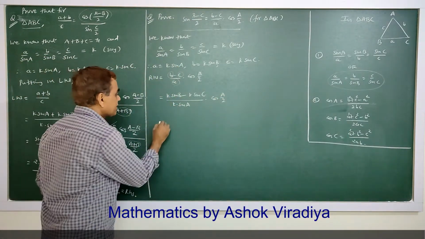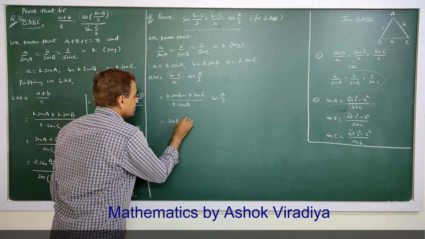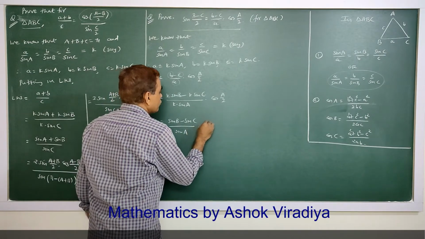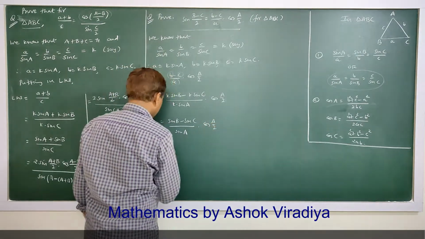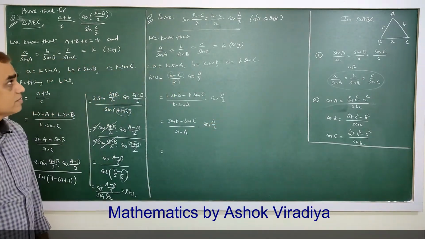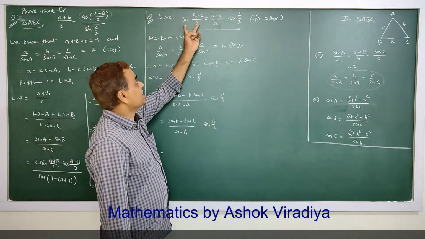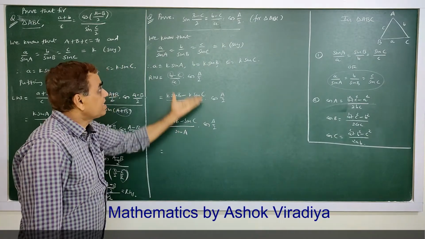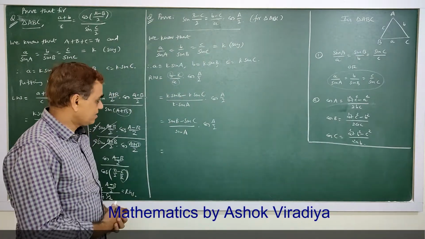Now here k will be cancelled. So sine B minus sine C upon sine A into cos of A by 2. We are working on RHS and going to derive LHS.